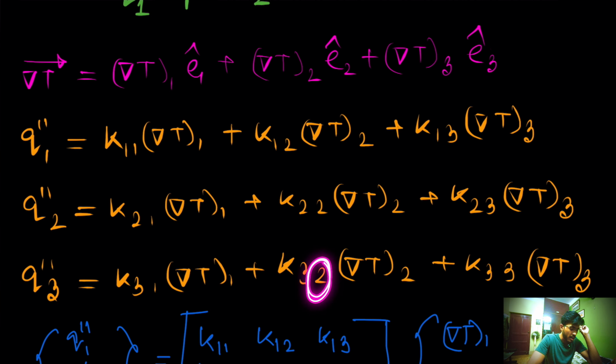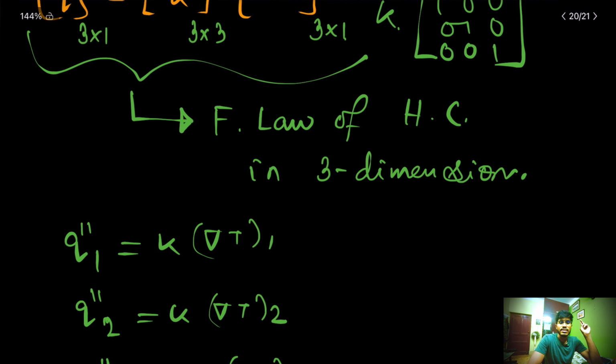This 2 indicates which temperature gradient component is being correlated with that heat flux component. Therefore, stress and thermal conductivity need two pieces of information, or two directions, to be specified.